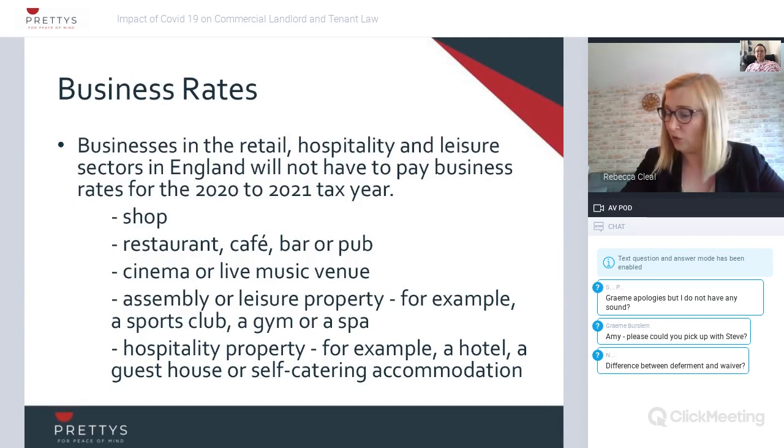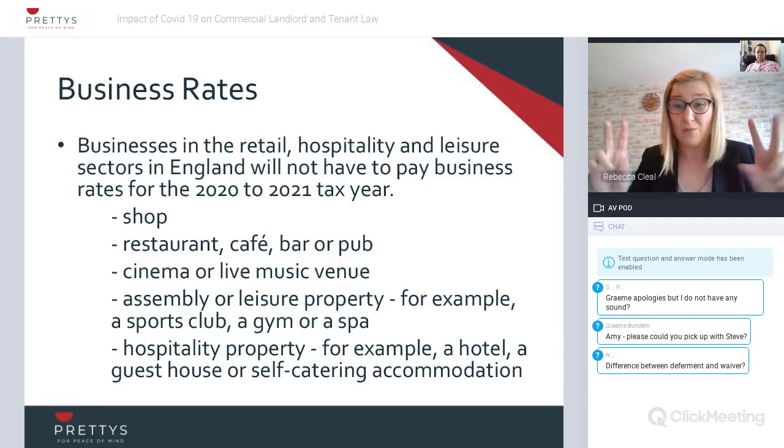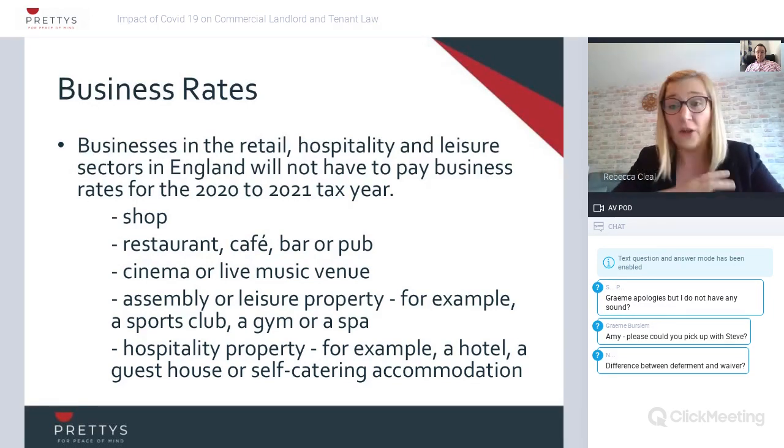Then later on they produced some further advice, because people were saying, well, what constitutes a shop? So they went on, and there's a really detailed piece of guidance on the government business rates website that says what is included in the definition of a shop. They expanded it to include things like opticians, markets, art galleries and estate agents as well, and further expanded it to include childcare and nurseries.